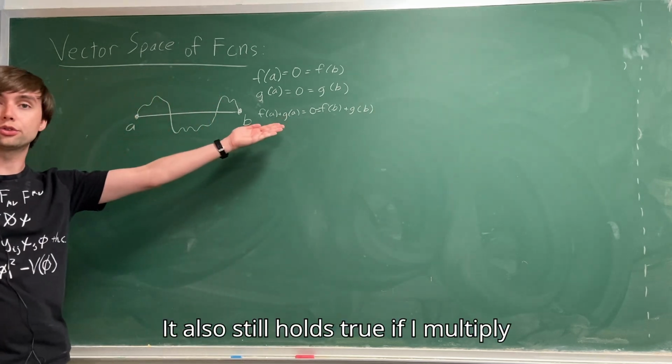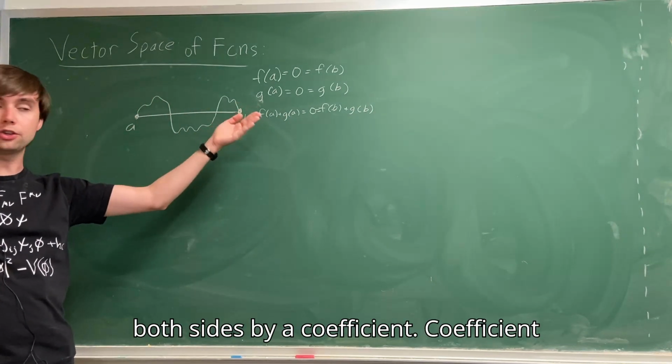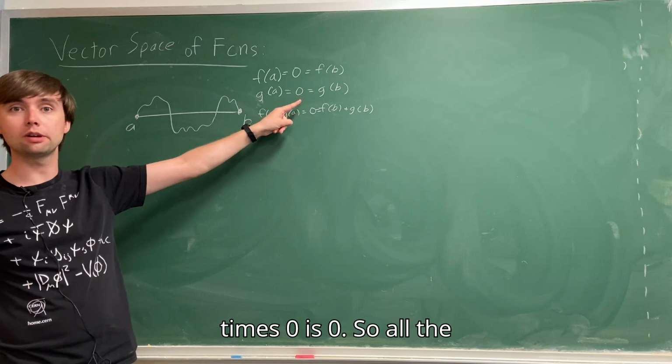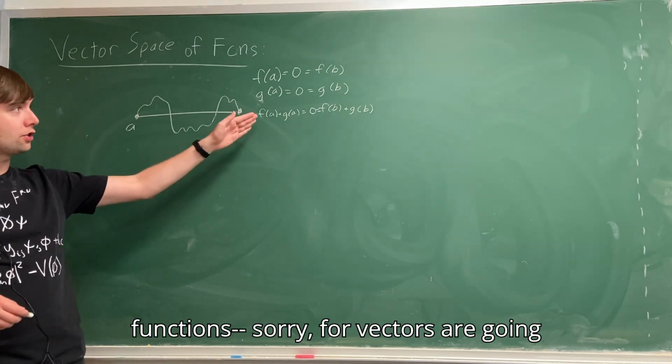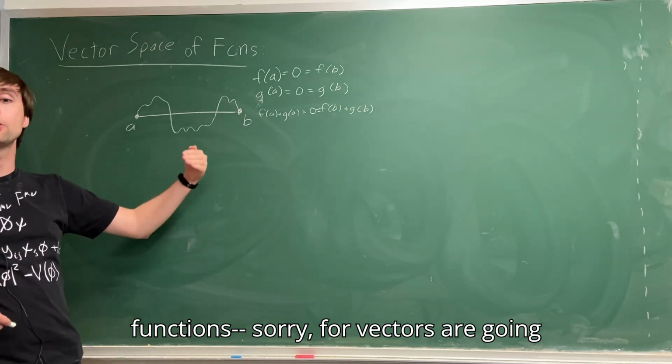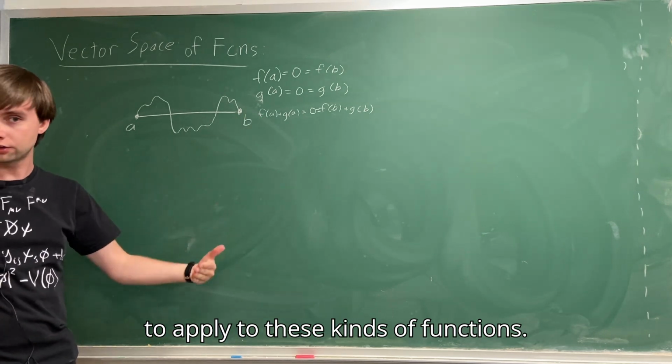It also still holds true if I multiply both sides by a coefficient. Coefficient times 0 is 0. So all the linear algebra rules that I developed for vectors are going to apply to these kinds of functions.